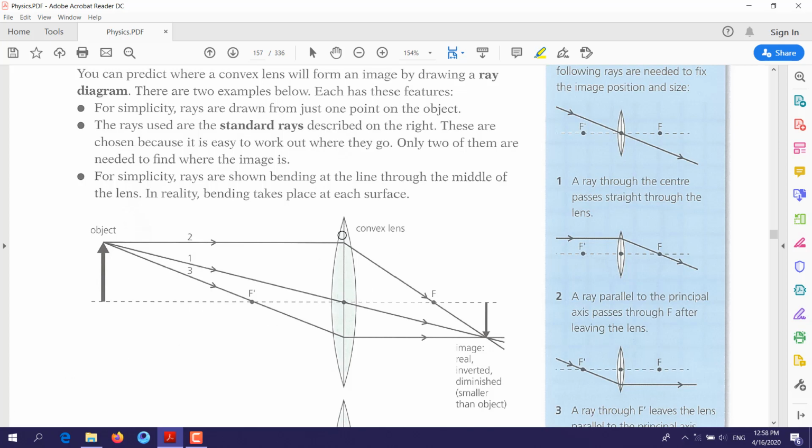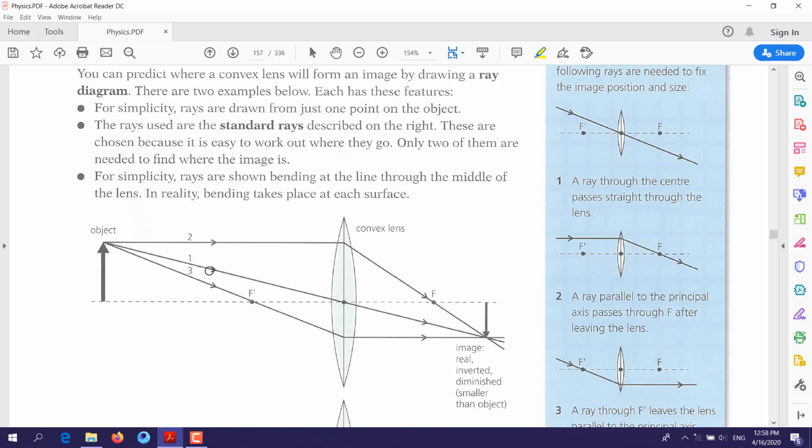Firstly, what do we have here? We have the convex lens, and the object, and we will draw the lines. But how do we draw these lines? By the way, it's not only 3 lines, okay?